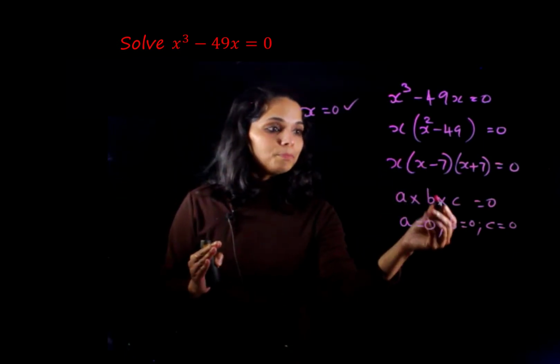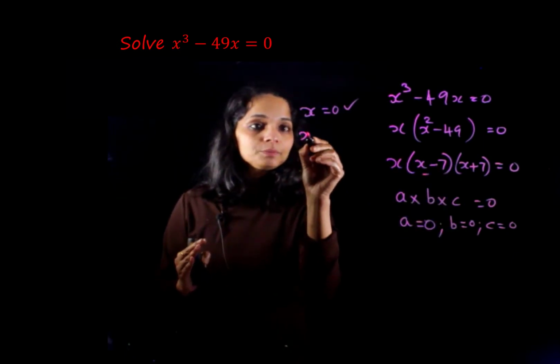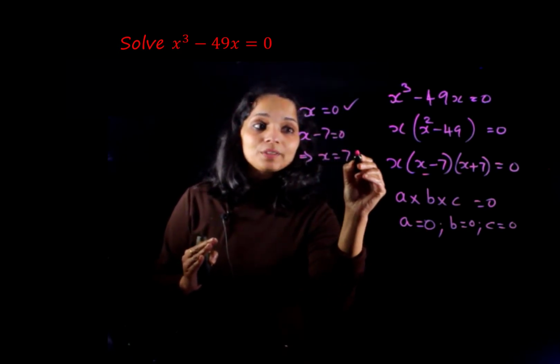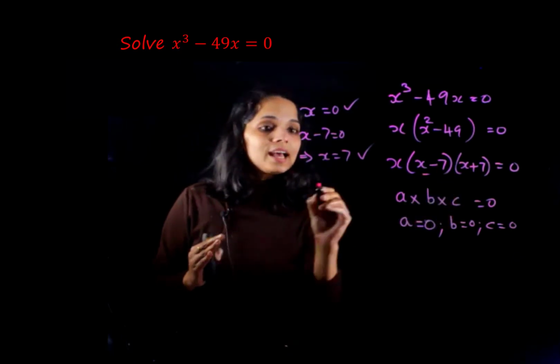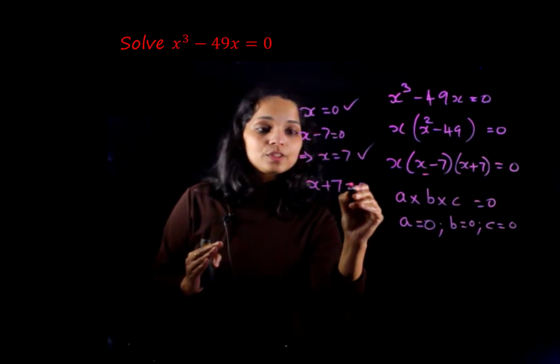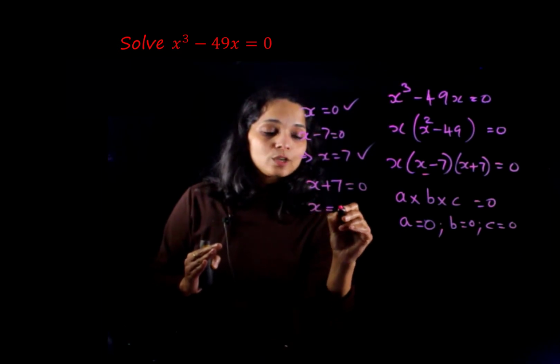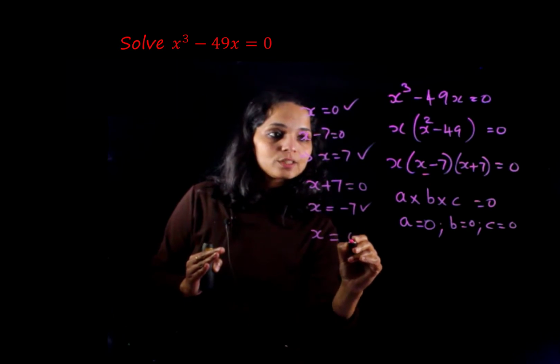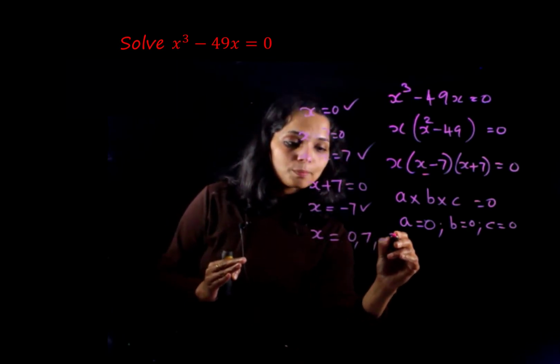And the second one, b equals 0, which is x minus 7 equals 0. That gives x equals 7 by rearranging the equation. And the final one, c equals 0, which is x plus 7 equals 0, or rearranging, x equals minus 7. So the 3 solutions are x equals 0, 7 and minus 7.